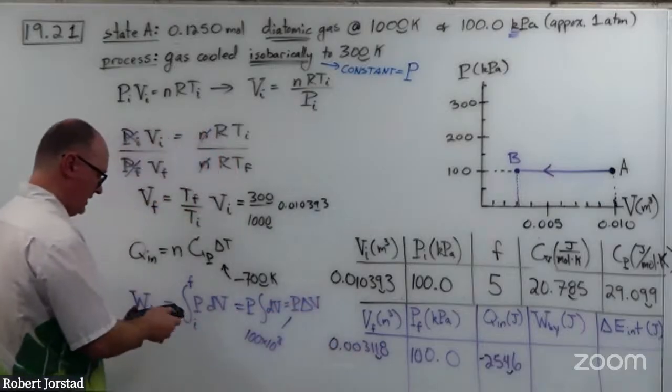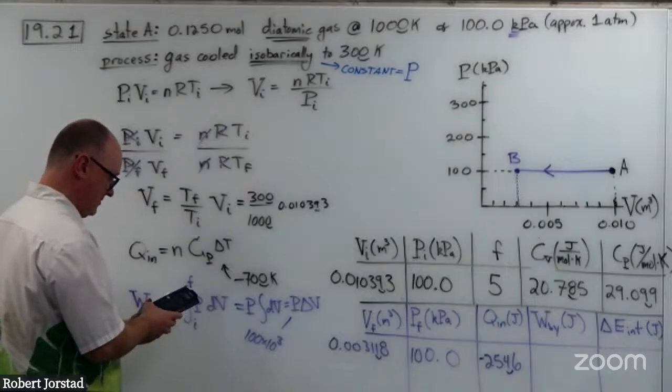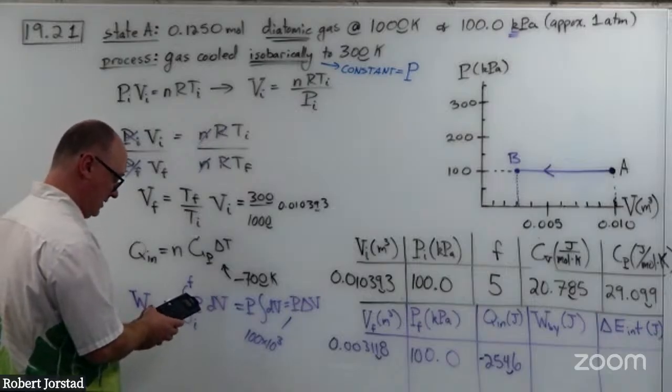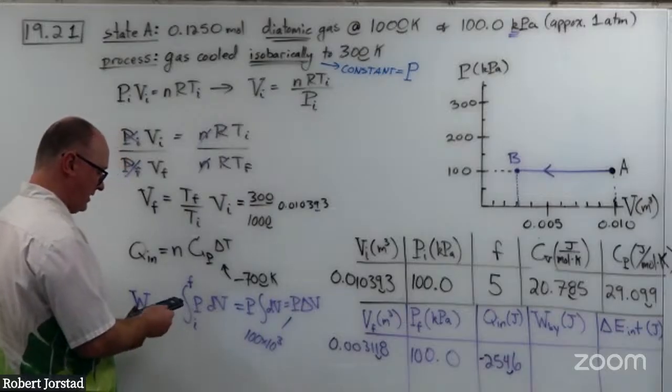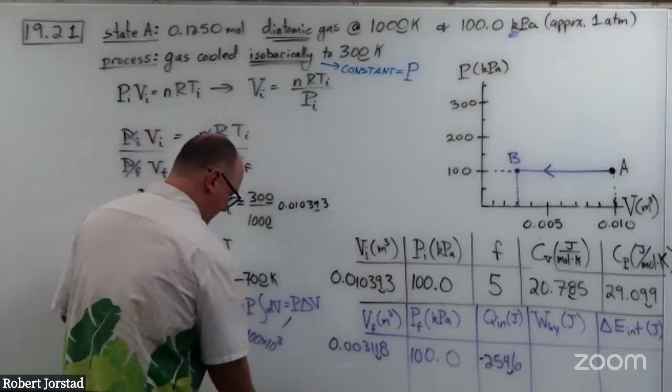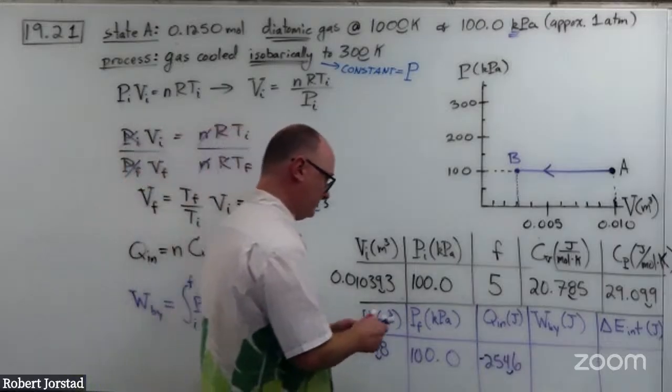So 100 E3 times 0.003118 minus 0.010393. And what did I get? Negative 727.5. So 3 sig figs too.